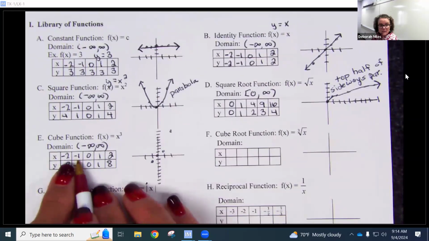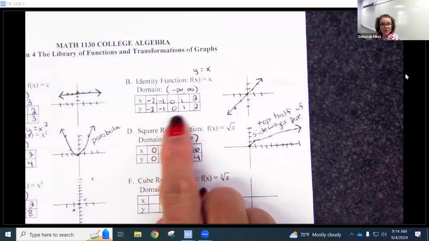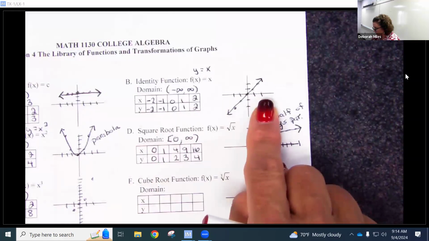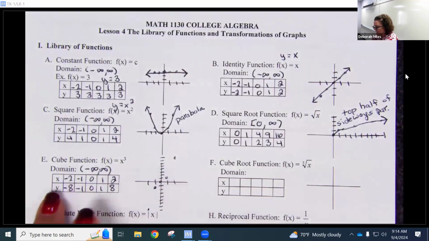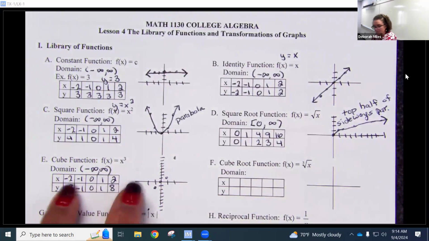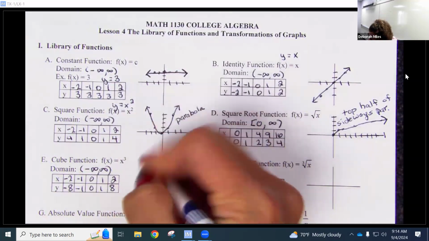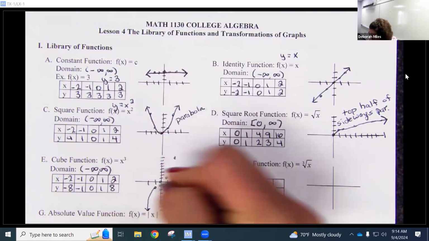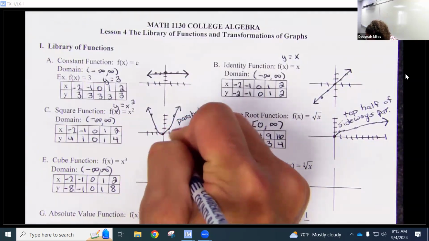If I had just used -1, 0, and 1, I may have thought that this was a linear function. I could connect those 3 points with a straight line. It's not until I pick some x's farther out to the left and the right that I realize, oh, that's not a line. It's very steep downward to the left and very steep upward to the right.